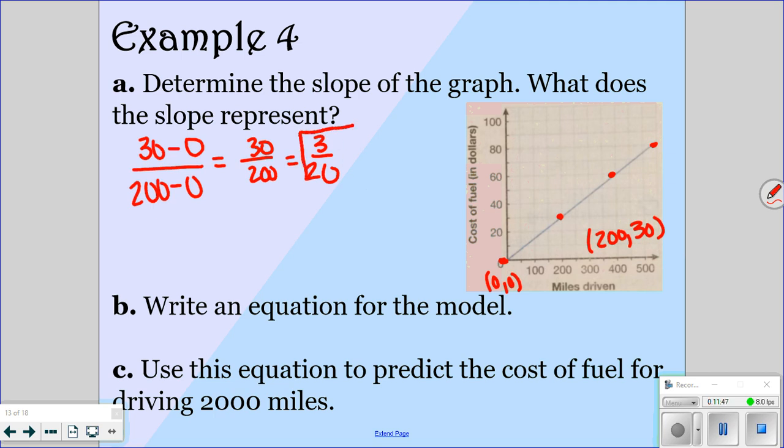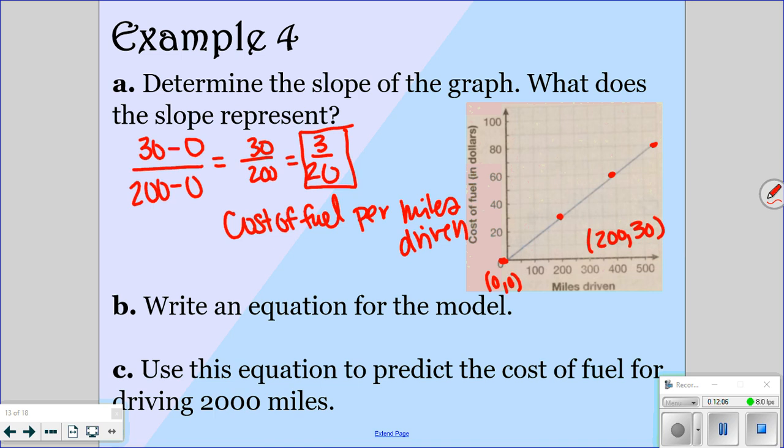Well, the slope is the y values over the x values. So the y values is the cost of fuel, divided by the miles driven, so per miles driven. That's what that slope is, cost of fuel per miles driven.